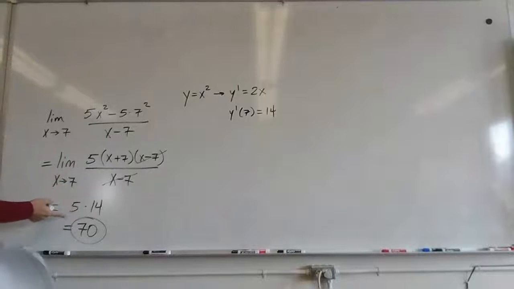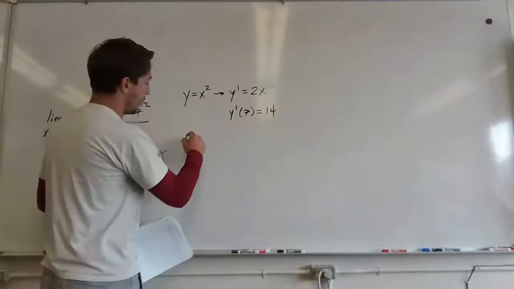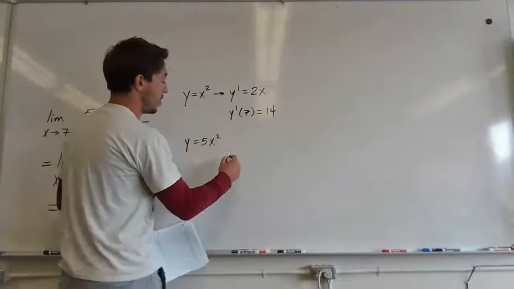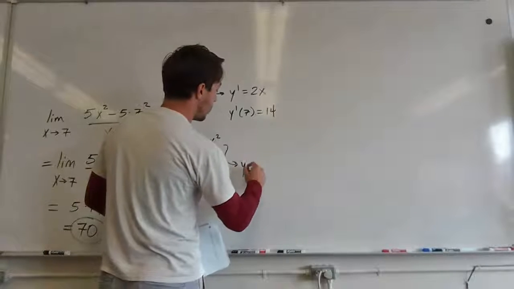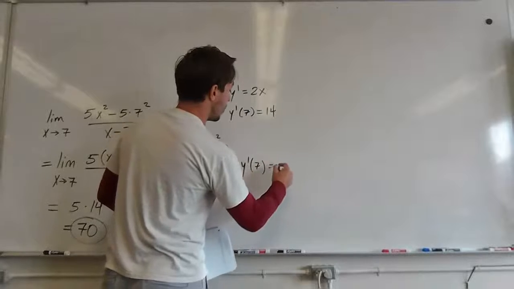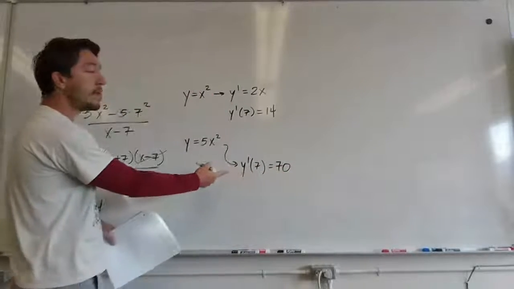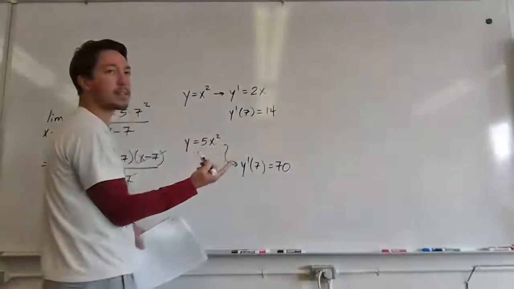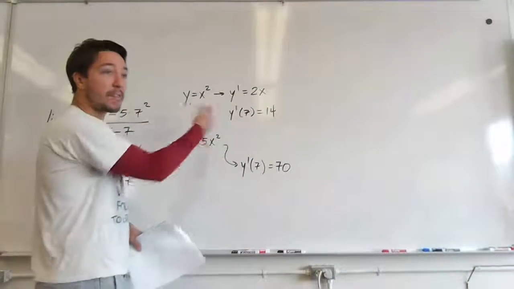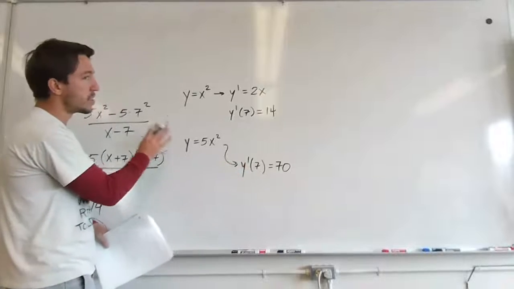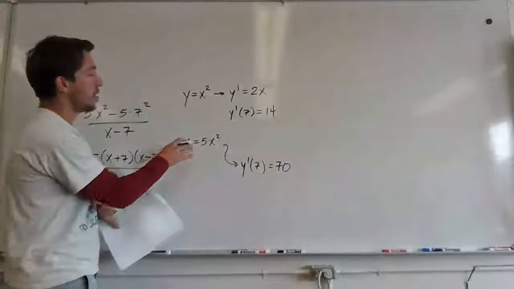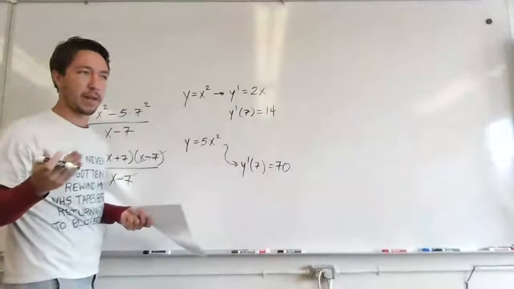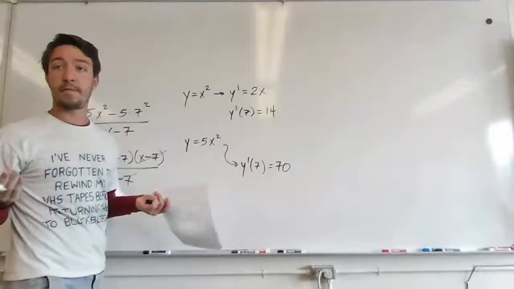What we just showed here is that if y was 5x squared, the derivative at 7 was 70, which seems to suggest that the derivative would have just been 10x, 5 times bigger. So multiplying a function by a constant just multiplies the derivative by that constant, which is a huge result if you think about it.